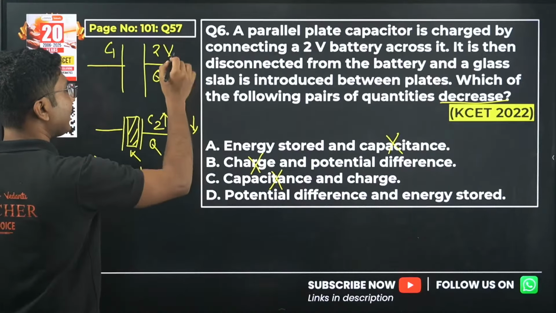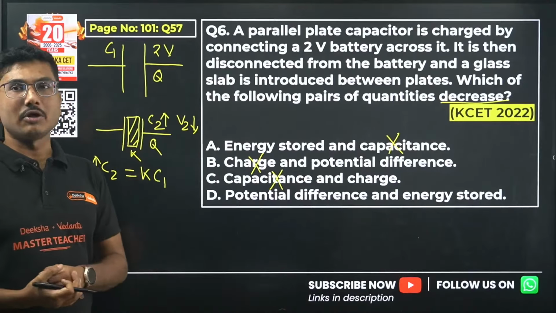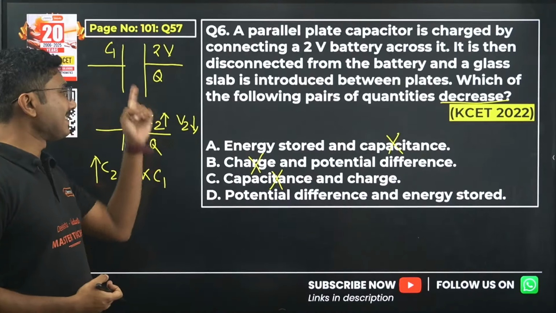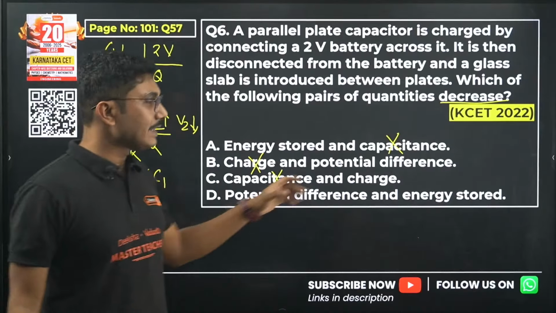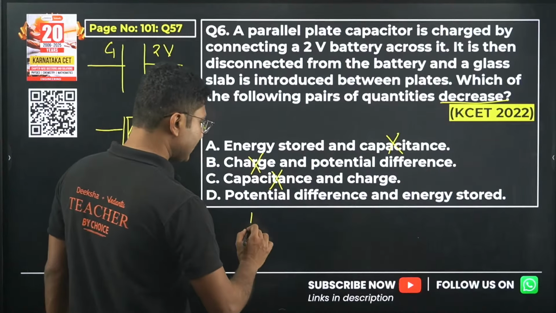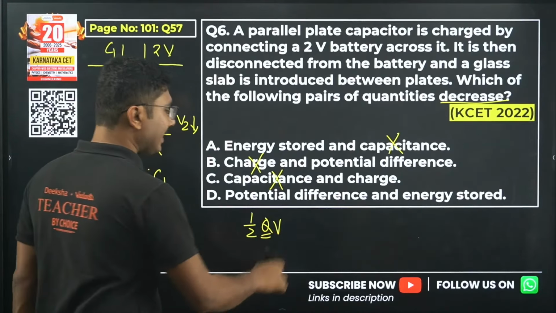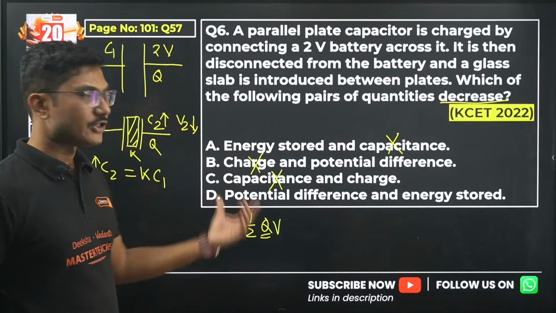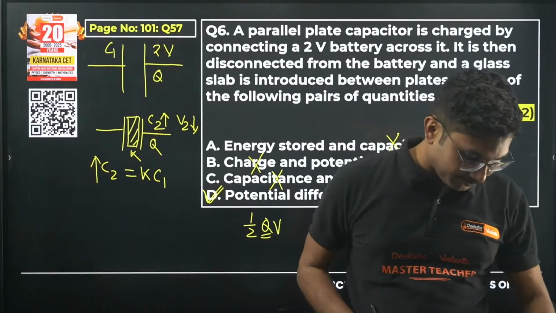If one quantity is increasing, the other will decrease because the third quantity is constant. In this case capacitance is increasing, so potential must decrease, and it will also reflect in the energy stored, because energy stored is given by half Q into V. Now Q is constant, V is decreasing, that means the energy will also decrease. So option D is correct for this question.